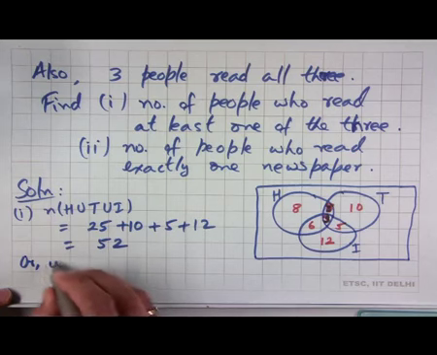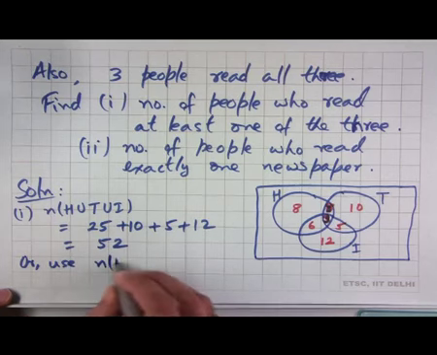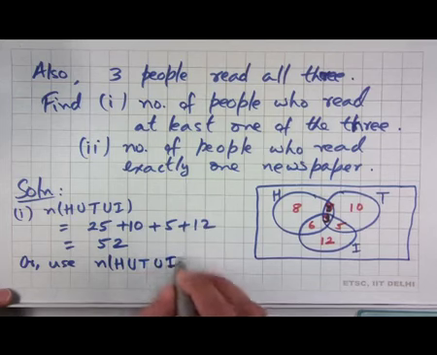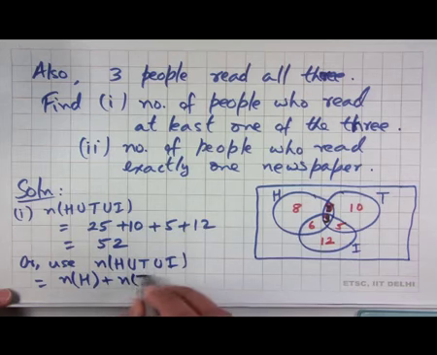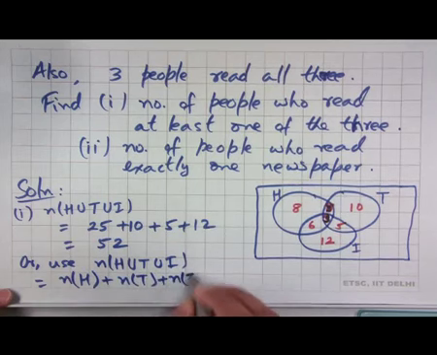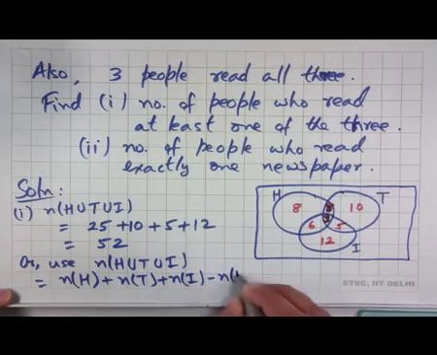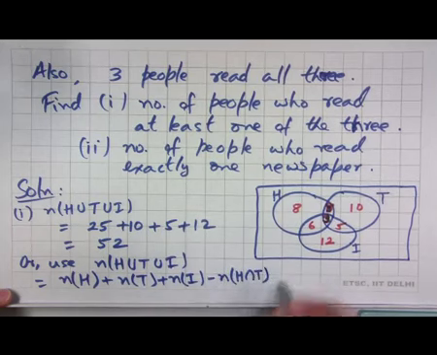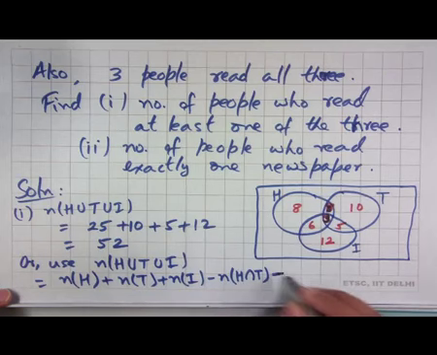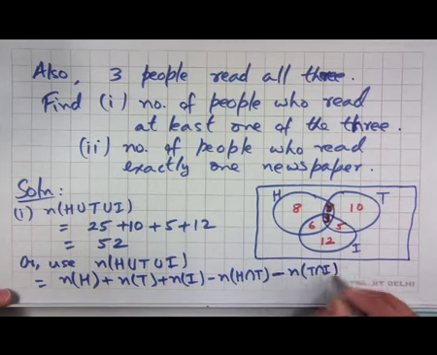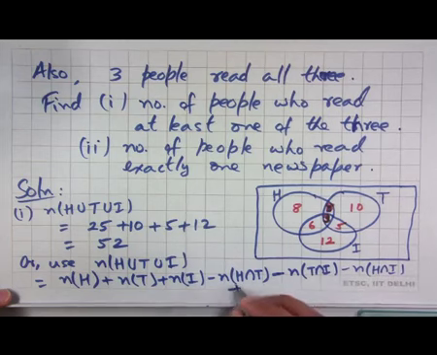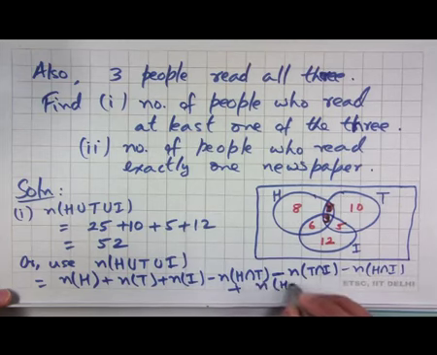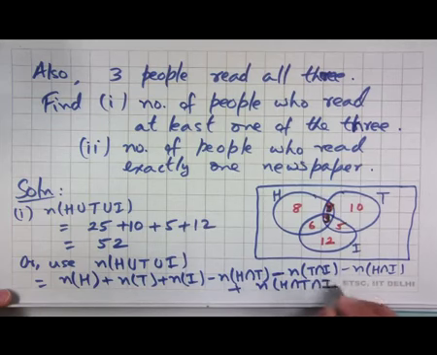Or use n of H union T union I is equal to n of H plus n of T plus n of I minus n of H intersection T minus n of T intersection I minus n of H intersection I plus n of H intersection T intersection I. Right.